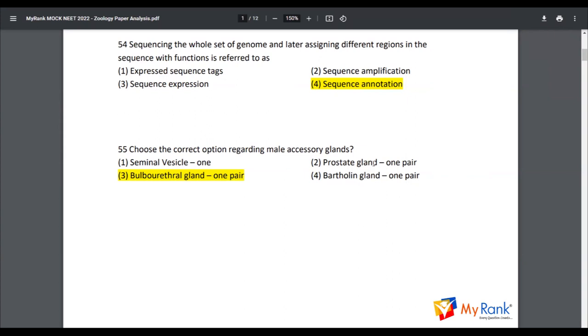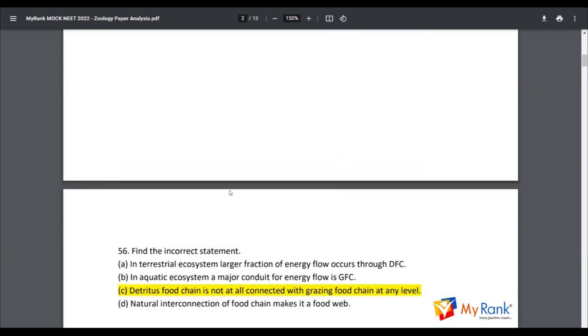Option 3 is bulbourethral gland, which is 1 pair. We have 1 pair of bulbourethral glands in males, which is correct. Option 4 states that Bartholin glands are 1 pair. Now, Bartholin glands are female accessory glands, so option 4 is also wrong. The correct answer is bulbourethral glands, which is 1 pair.